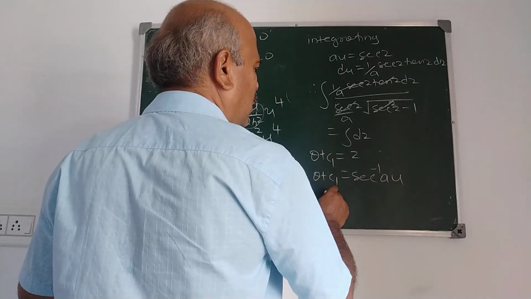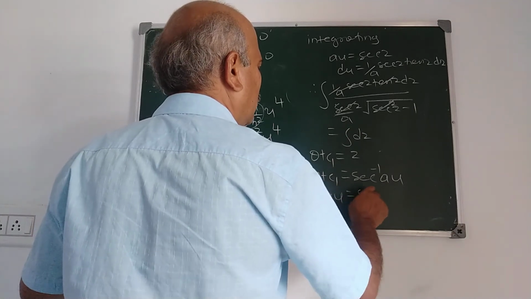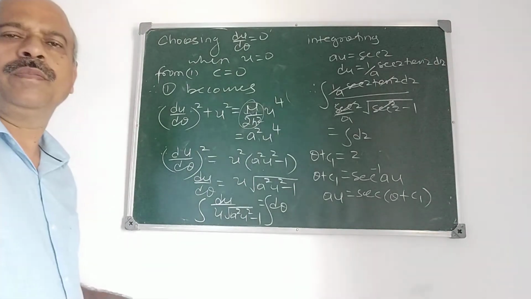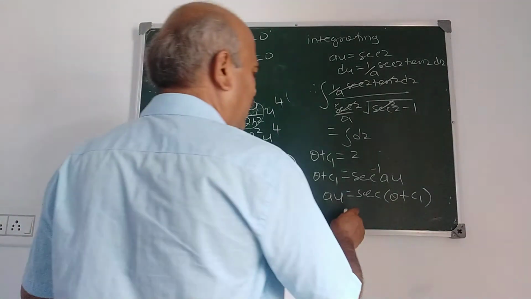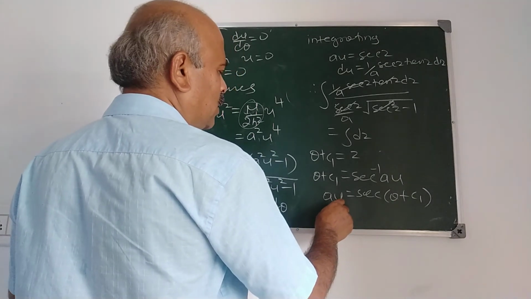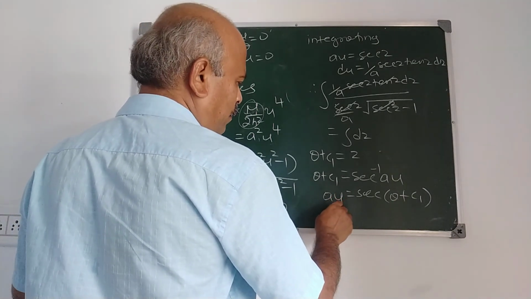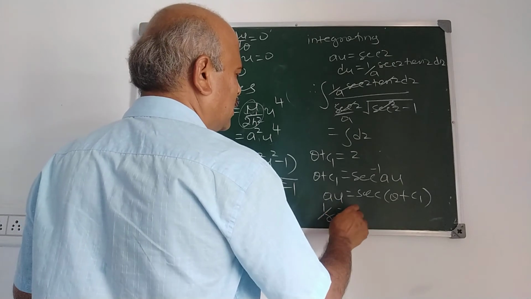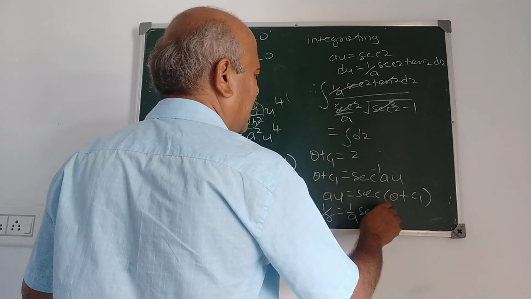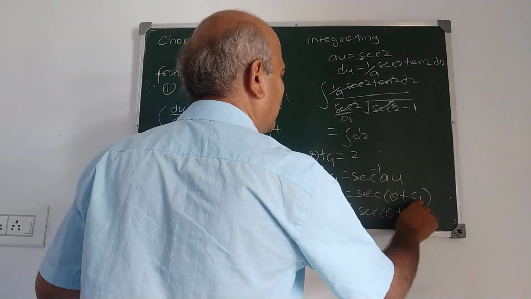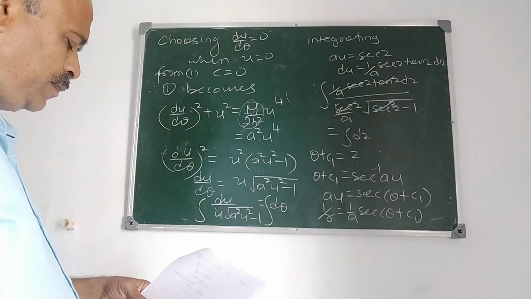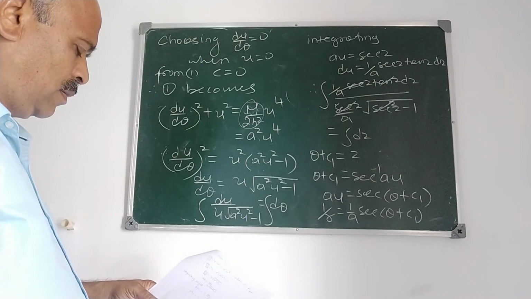Therefore, au is equal to sec of (theta plus c1). Therefore, what is u? 1 upon r. So 1 upon r is 1 upon a, sec (theta plus c1).